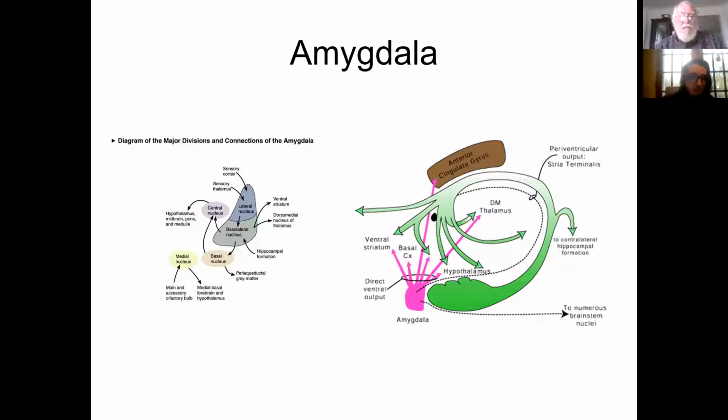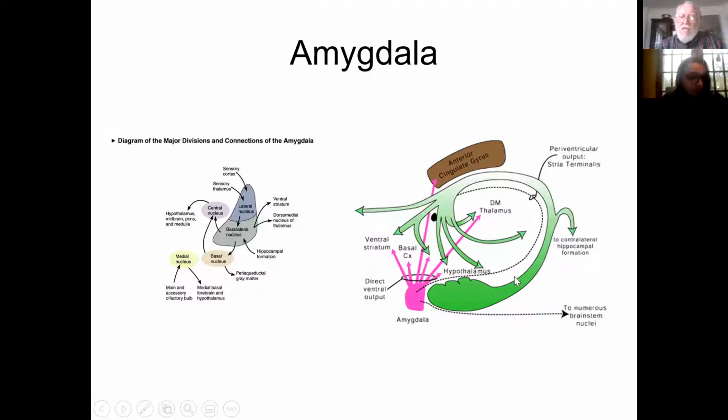But a major output of the basolateral nucleus goes to the central nucleus, and then the central nucleus provides all of these outputs. You can see the central nucleus going to the ventral striatum, going up to the cingulate gyrus, and then going through another huge loop that modulates the hypothalamus.